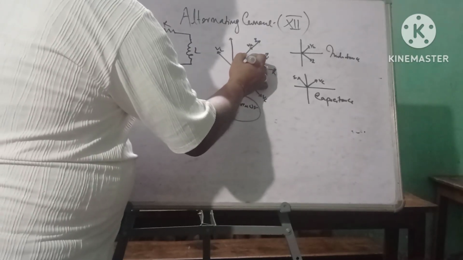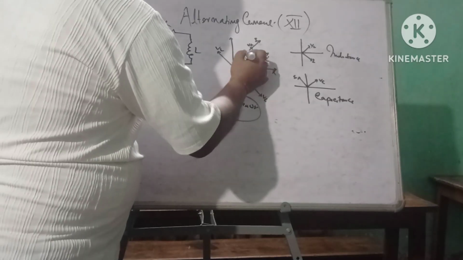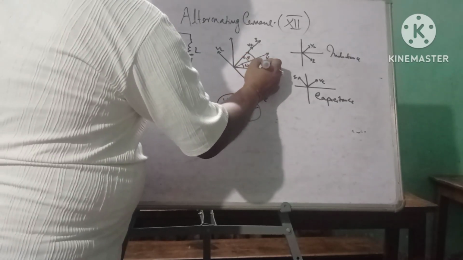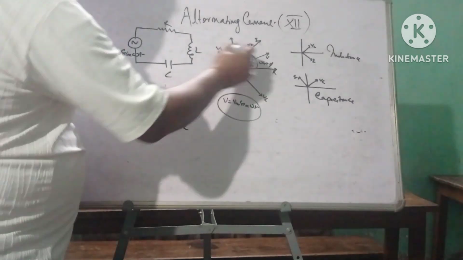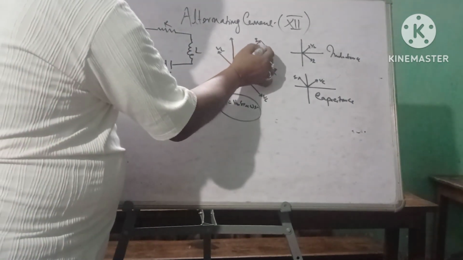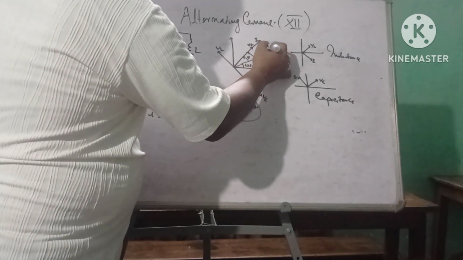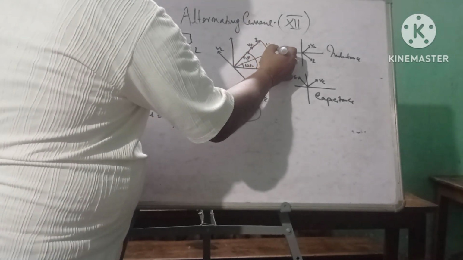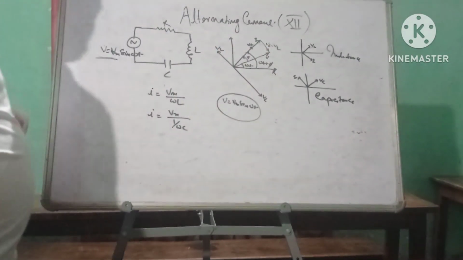These two angles must differ by some phi, so the angle from here to here will be omega t plus phi. Here this is V, this is the resultant, and this will be your VC minus VL.